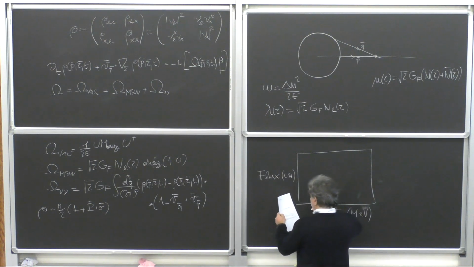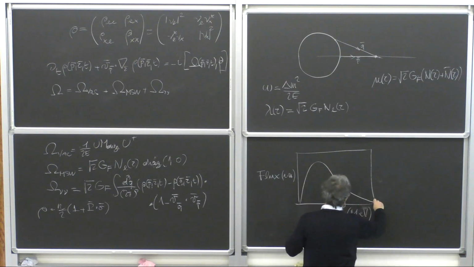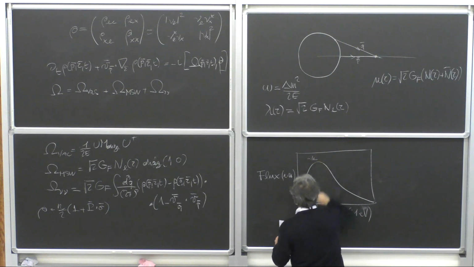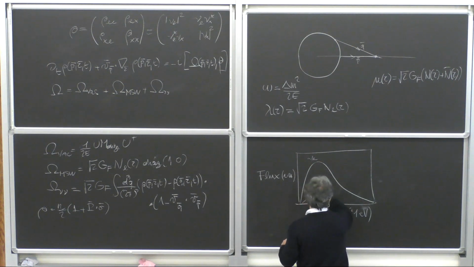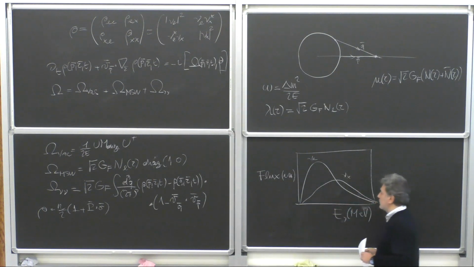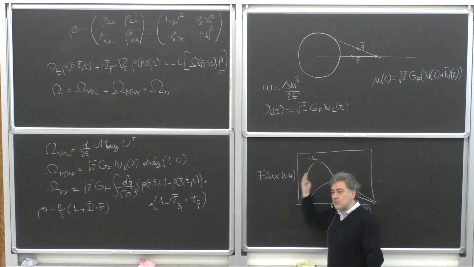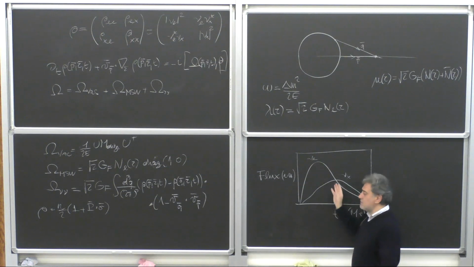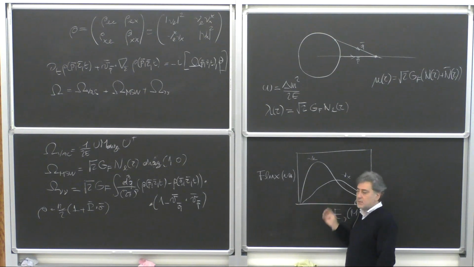Typically you have nu_e like this, and nu_x like this. So the absolute flux is larger for nu_e than for nu_x, but the mean energy is lower for nu_e than nu_x.